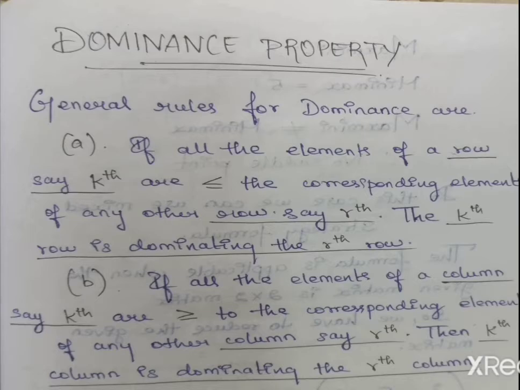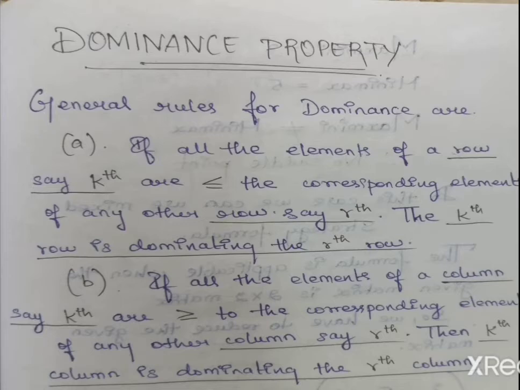The first row element is less than or equal to the second row element, which means the first row is dominating the second row. So if all the elements of the kth row are less than or equal to the corresponding elements of any other row, say rth, then the kth row is dominating the rth row. So you have to eliminate the kth row.